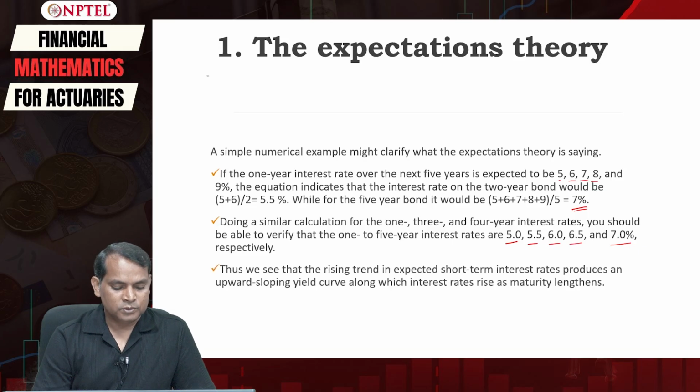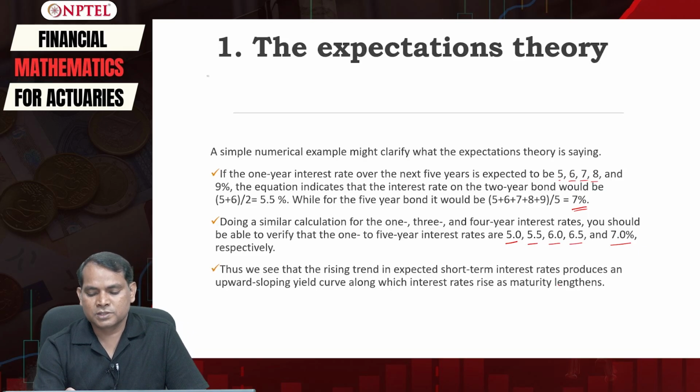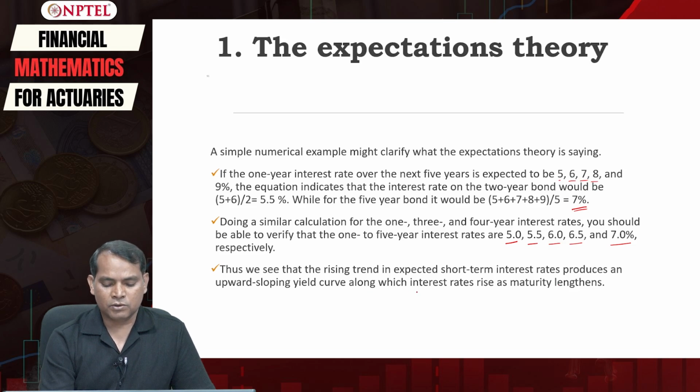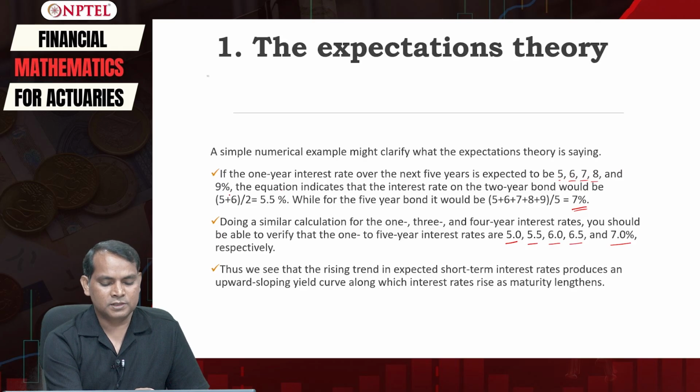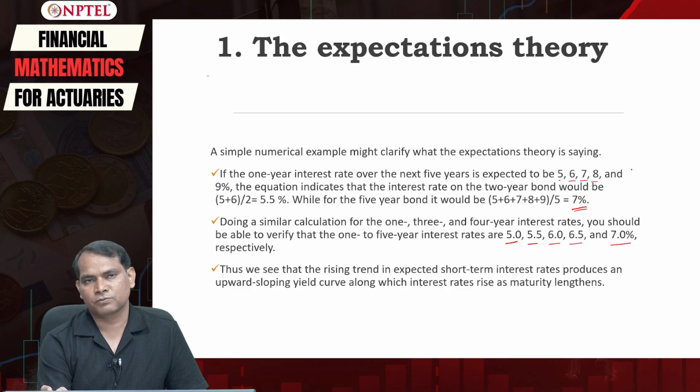Therefore we see that the rising trend in expected short term interest rates produces an upward sloping yield curve, along which interest rates rise as maturity lengthens. Here you can see that as the interest rate increases, 5, 6, 7, 8, an increasing trend, as the number of periods increases from 1 to 2, 3, 4, 5, the interest rate also increases for the longer maturity bond.